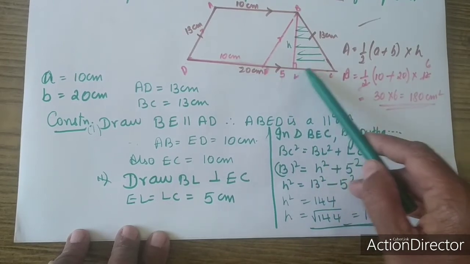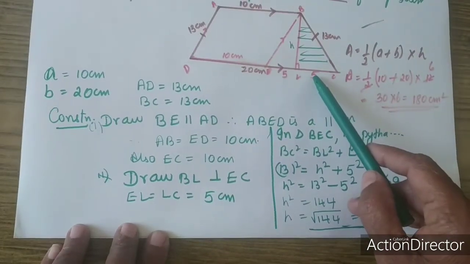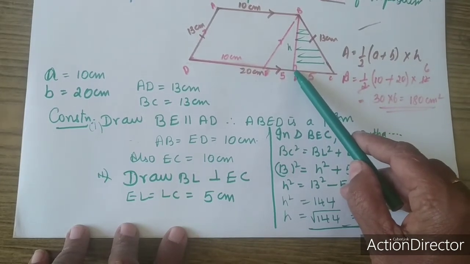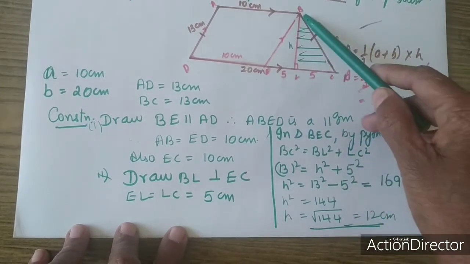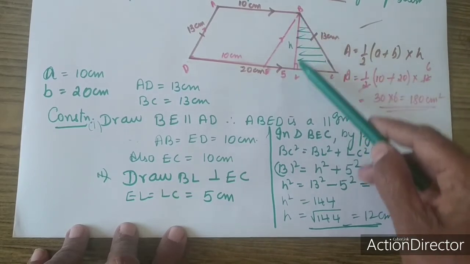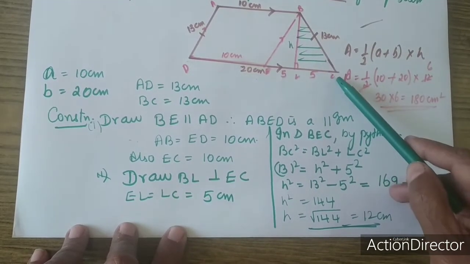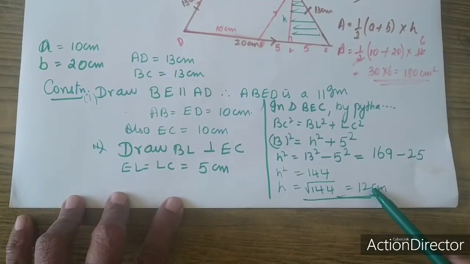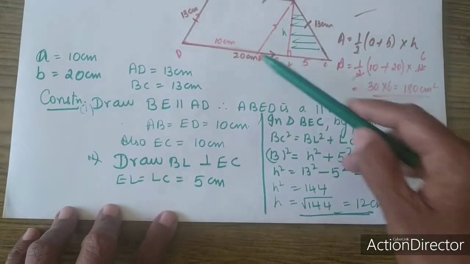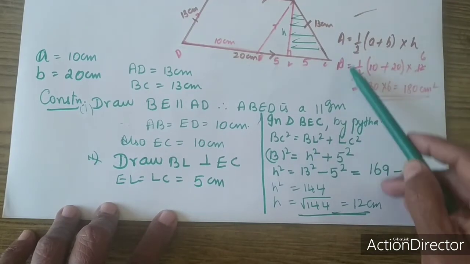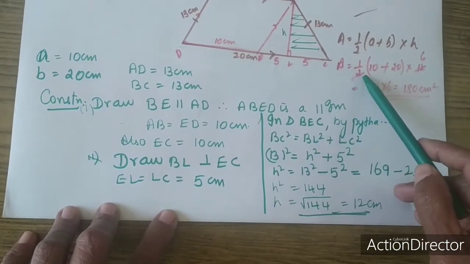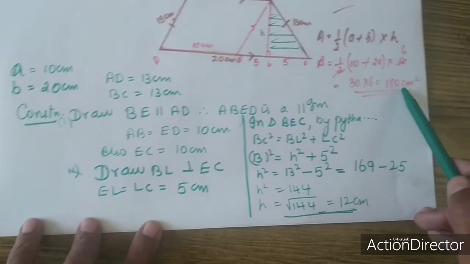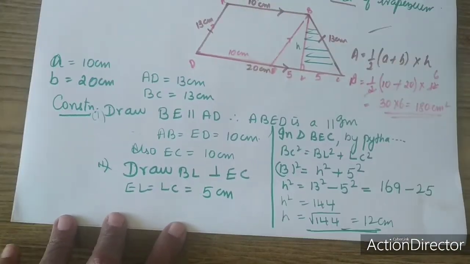Therefore, EL is equal to LC is equal to 5 centimeter. Since there is 90 degree, we can apply Pythagoras theorem. By Pythagoras theorem, BC square is equal to BL square plus LC square. Therefore, on calculation, I get H is equal to 12 centimeter. Now, I got the H. I got the sum of parallel sides, so I can find the area of trapezium by putting these values in the formula, which came out to be 180 centimeter square.